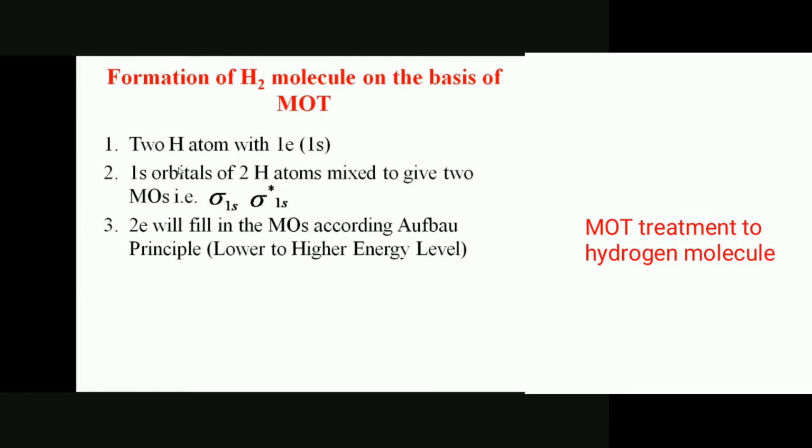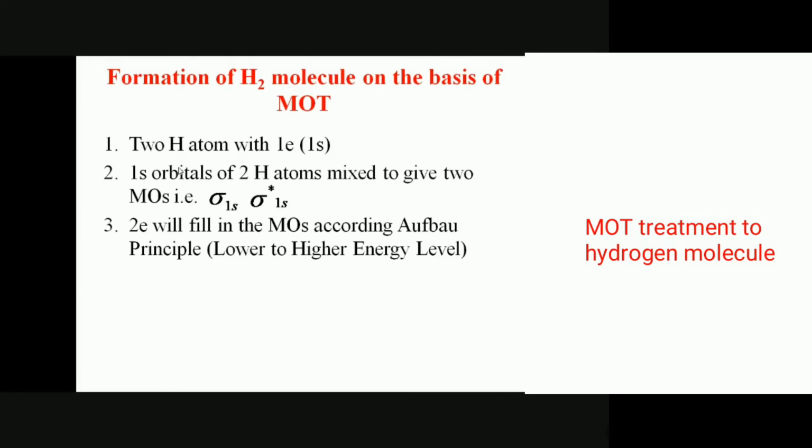After getting two different molecular orbitals, we have to fill the two electrons with respect to the Aufbau principle. What is the one line statement from the Aufbau principle? We have to fill the energy from lower to higher energy. So the filling of electrons plays an important role.